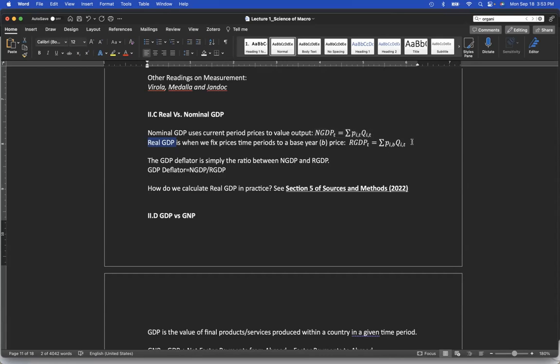So it's impossible to judge if the Qs are going up or the Ps are the ones going up. Remember, that's the whole idea of real GDP. Ano ba ang umaakyat? Yung Q or yung P times Q? And real GDP is supposed to help us answer that. It's supposed to say, yung Q yung tumaas, or yung Q bumaba kahit na tumaas yung P. Yan.